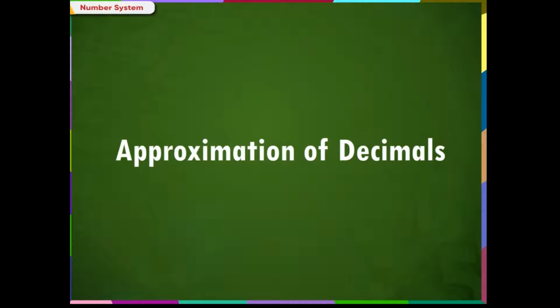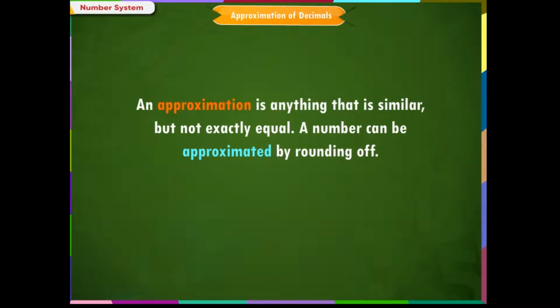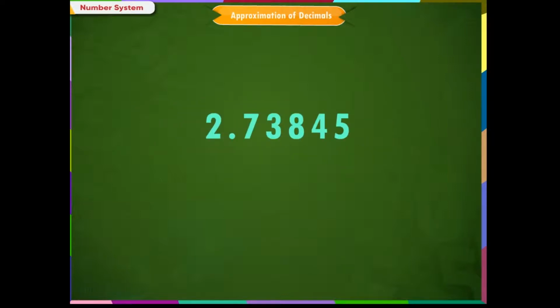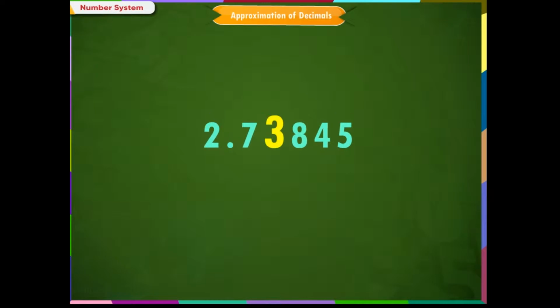Approximation of decimals. An approximation is anything that is similar but not exactly equal. A number can be approximated by rounding off. Let us consider the example 2.73845. If we are rounding this number to 2 decimal places, 3 is the rounding digit. We have to look at the digit after 3 on the right side.